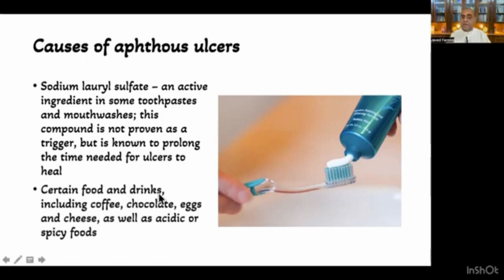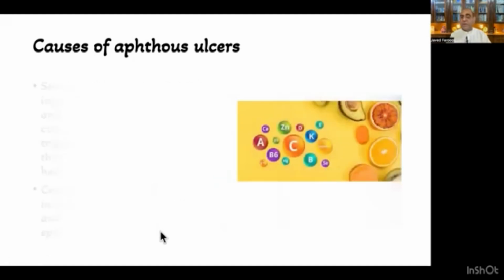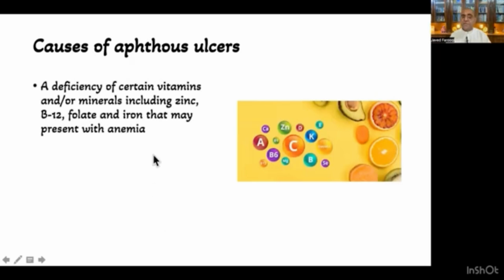Certain foods and drinks, including coffee, chocolate, eggs and cheese, as well as acidic or spicy foods, are associated with development of Aphthous ulcers. A deficiency of certain vitamins and minerals, including zinc, B12, folate, and iron, that may present with anemia, is also associated with development of Aphthous ulcers.